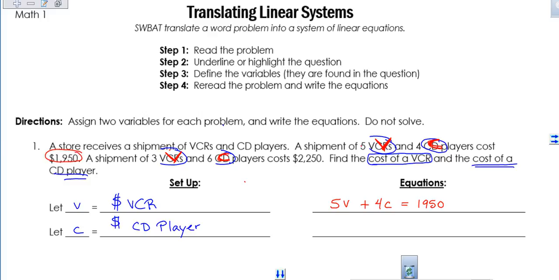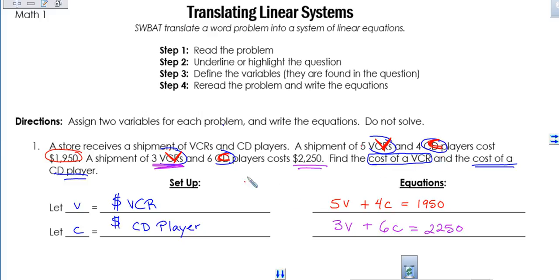In the second sentence, it says 3 VCRs, or 3V, plus 6 CD players, 6C, equaled $2,250. So while it may look complicated, it's got a word problem in there.